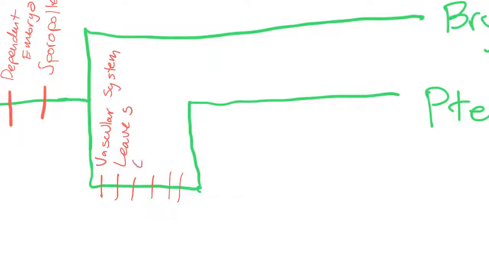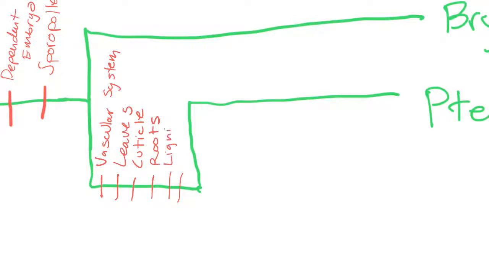Cuticle. Okay. What's the cuticle? So it's a waxy layer on the leaves that keeps it from drying out. Roots. Okay, so for absorbing nutrients in the soil. Lignin.